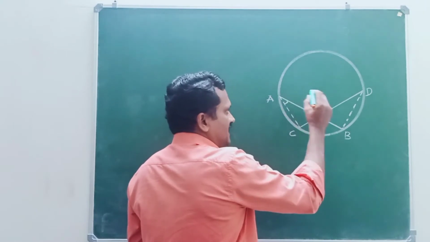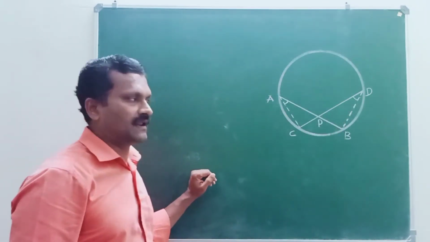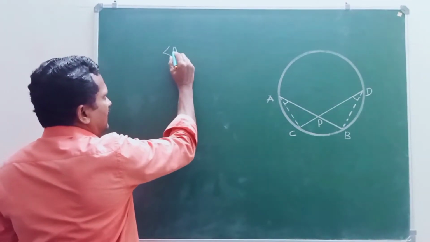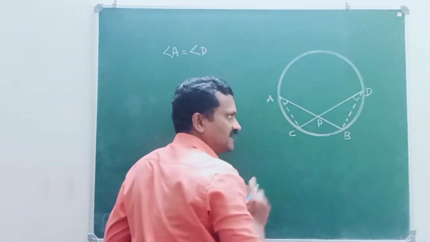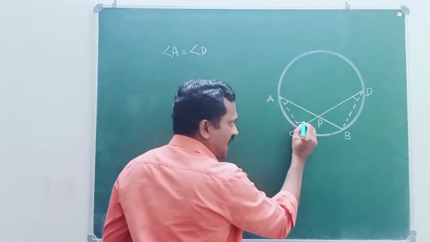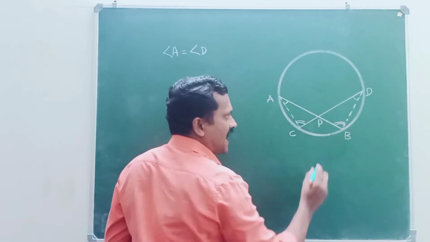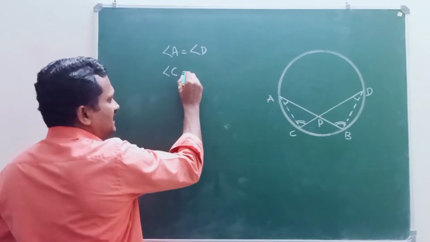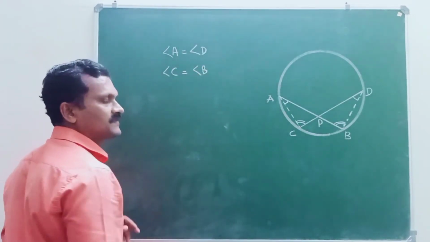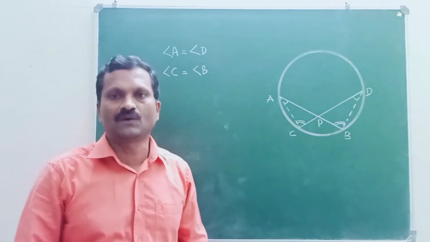In these two triangles, we know that angle A and angle D are equal. Angle A equals angle D, angles in the same segment. Similarly, angle C and angle B are also angles in the same segment. Therefore, angle C equals angle B. That is, all angles of these two triangles are equal.